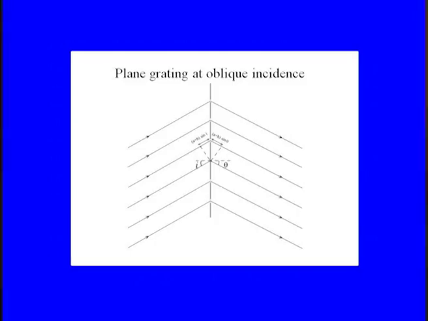Therefore, in this case the condition for principal maxima becomes (a + b)(sin i + sin theta) = n lambda. So, this is the condition for principal maxima for oblique incidence.